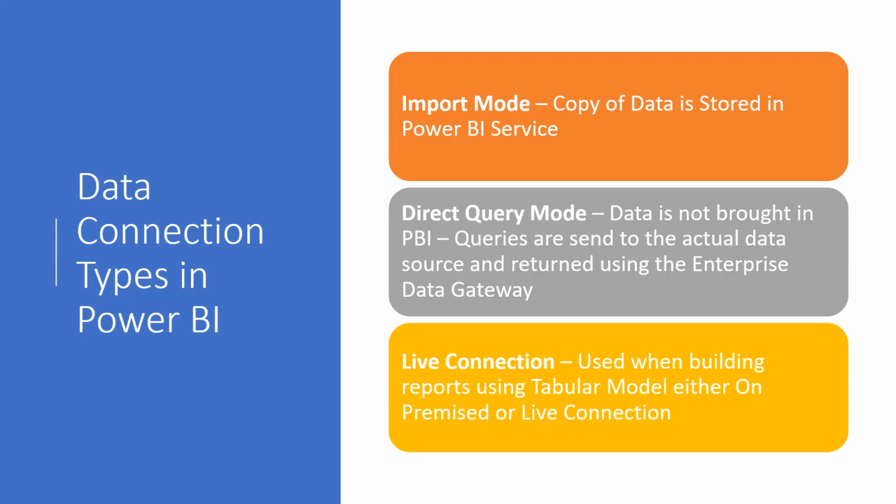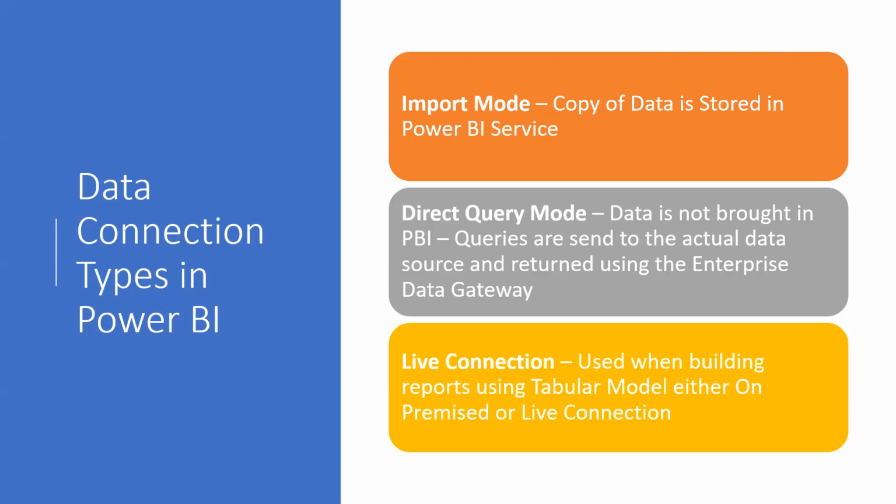When you work on importing the data into Power BI, that is what is called import mode. When we worked on this Northwind data set, we imported the data into Power BI. So what we are doing is bringing a copy of the data into Power BI. Using that, the VertiPaq engine compresses your data. So the first data connection mode is the import mode.